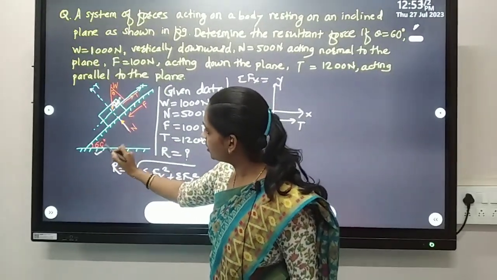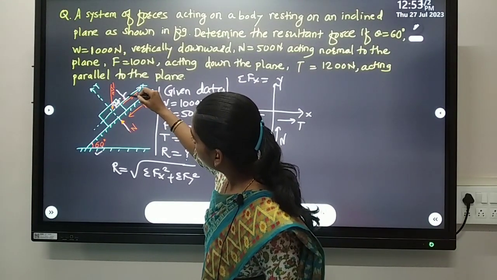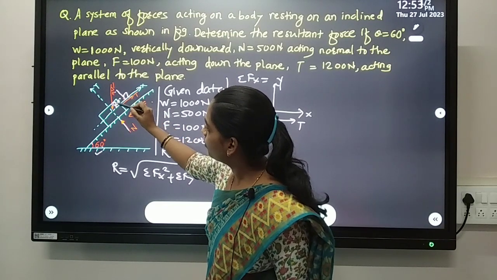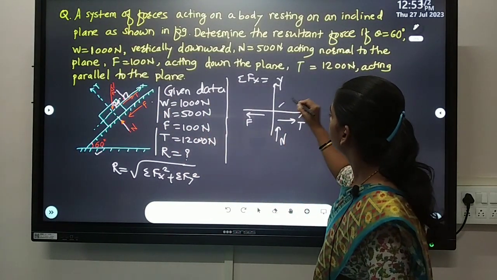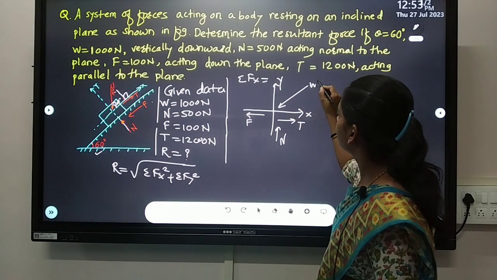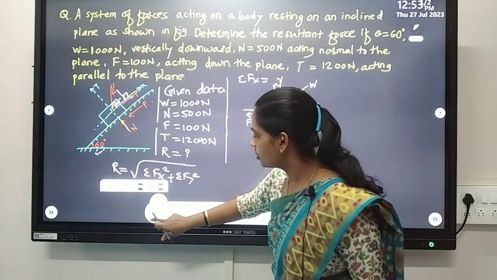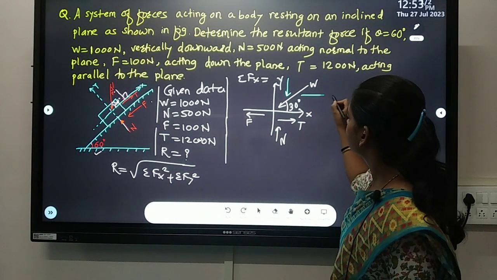Since this angle is 60 degree, this particular triangle is 30, 60, 90, that is why the W is making angle of 30 degree with respect to x axis. So, just resolve it into two components. The two components will be like this.